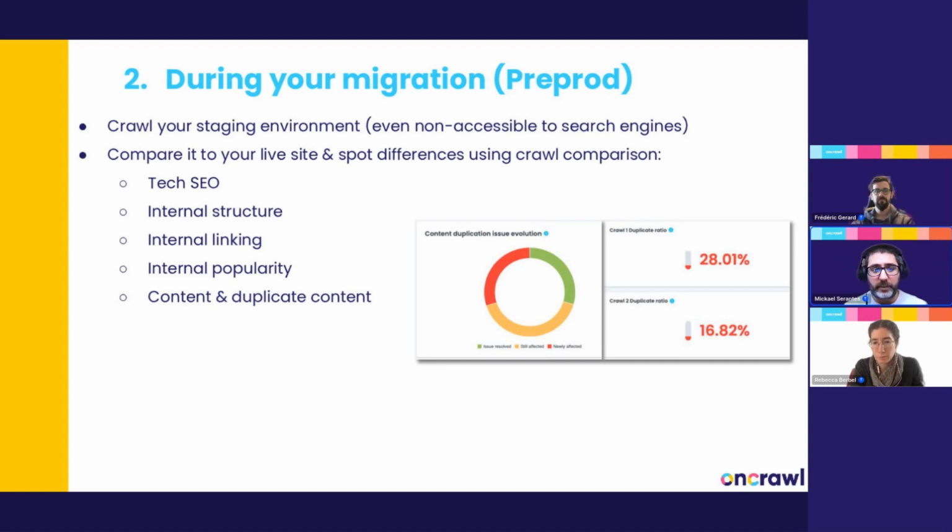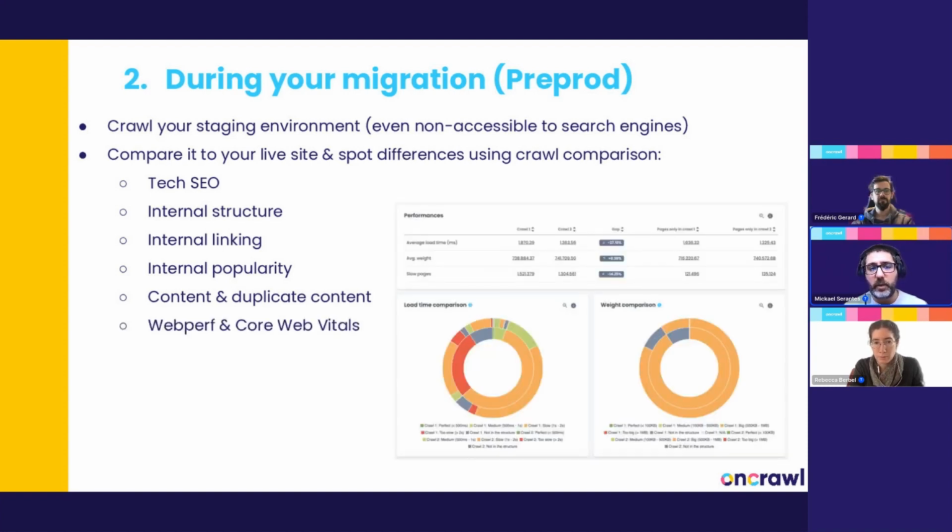Yes or no? So you will be able to monitor it. And then web perf and web vitals. If you work on the load time, it's something really important for Google. So you will be able to check your improvements on your staging compared to your live site.